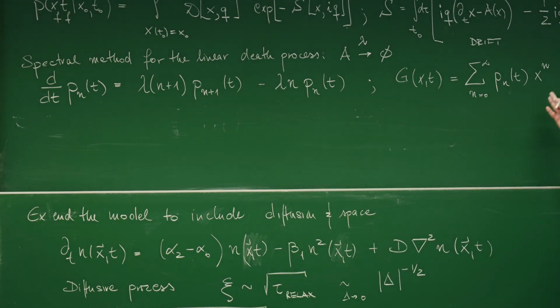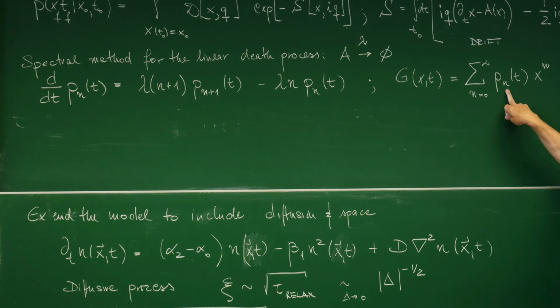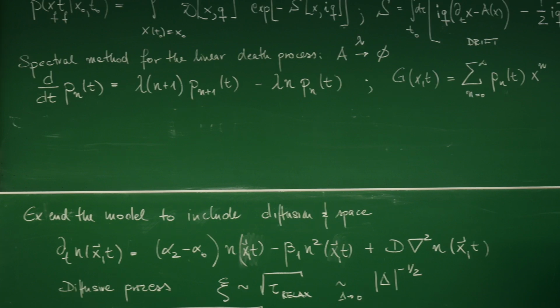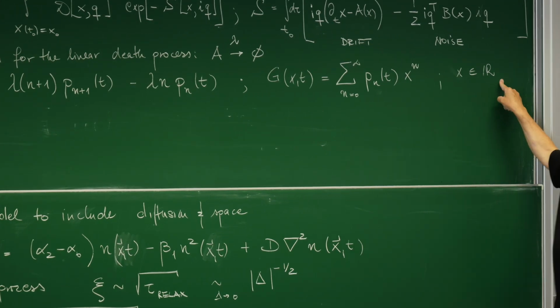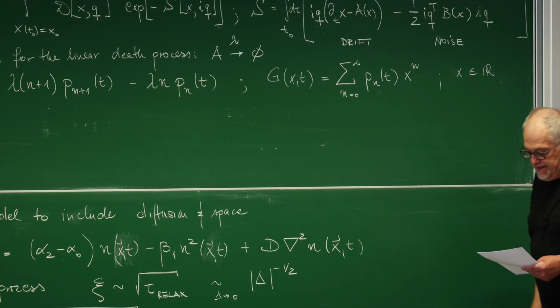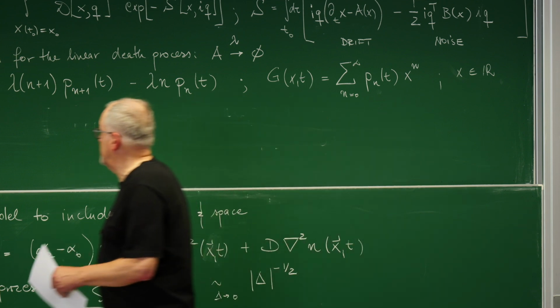Then this might be a recipe of going from a discrete variable, n, to a variable x that's now a real number. Okay? So let's see how this works.